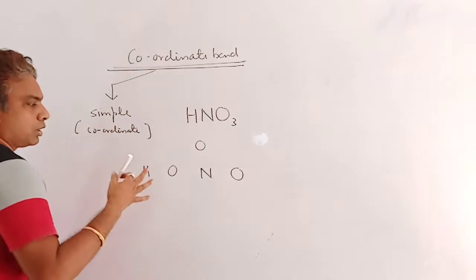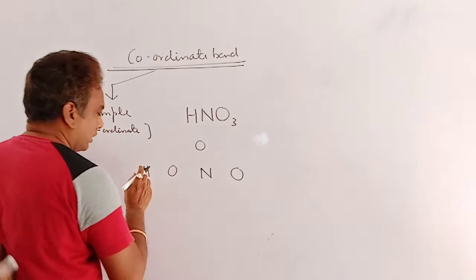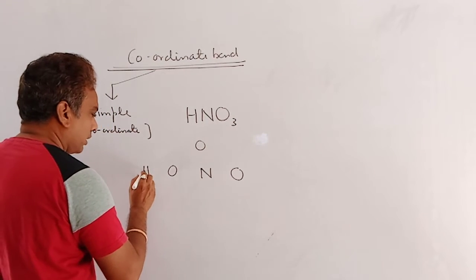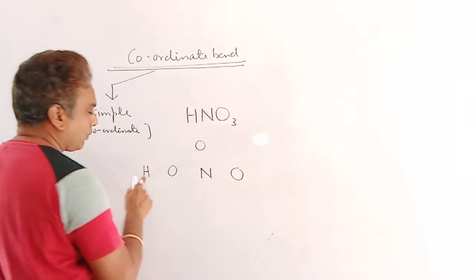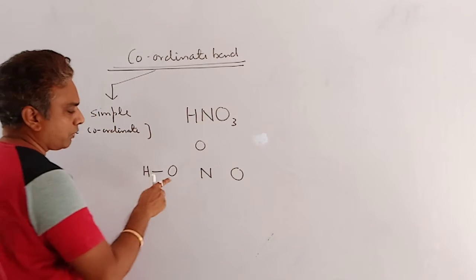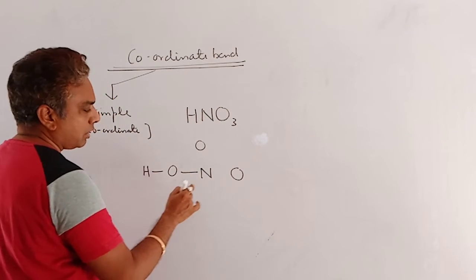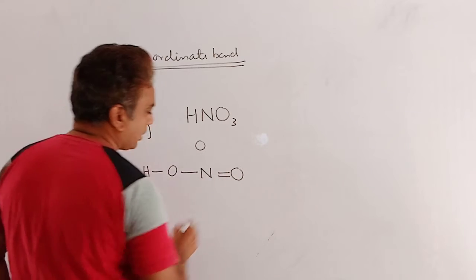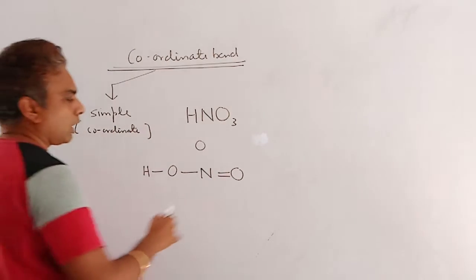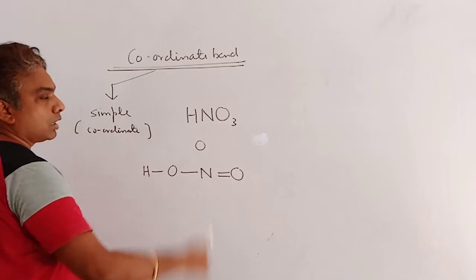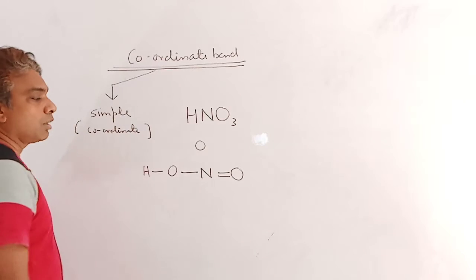So from outer to inner, the atoms are bonded according to their requirement. Suppose hydrogen contains 1 electron, so it shares 1 electron with O. Similarly, O shares 1 electron with N. Here a double bond is formed due to the requirement of O, and the octet of nitrogen is completed.